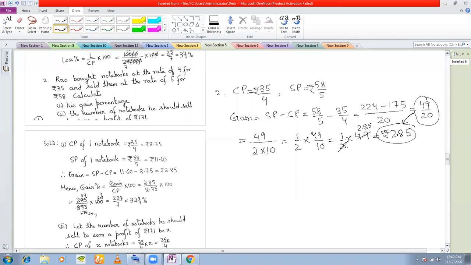And the question here is to find his gain percentage. So what is his percentage gain? It is equal to gain by CP into 100. Again, let us work with fractions. Gain here is 49 by 20 and cost price here is 35 by 4, into 100. So this will give you 49 by 20 into 4 by 35 into 100. So you cancel.